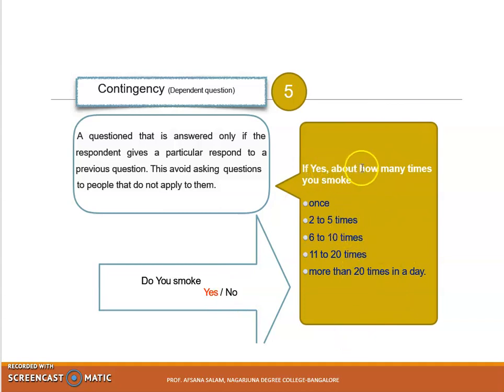If yes, about how many times do you smoke, so that becomes your options. If you are choosing yes, that becomes your contingency question. The question is answered only if the respondent gives a particular response to a previous question. If no response is given to this, that becomes your contingency question.